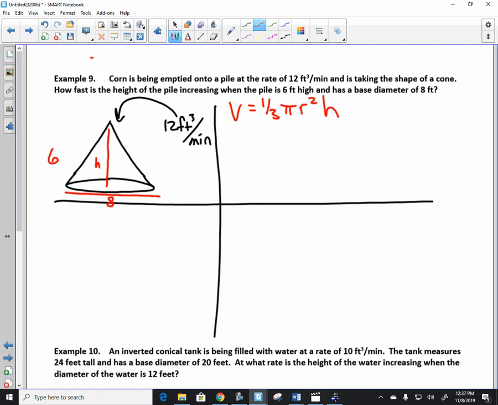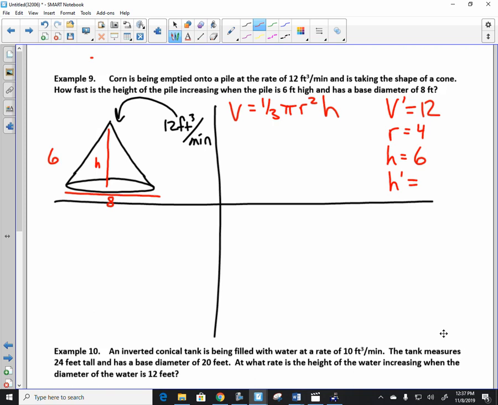Now, let's list what we do know. We do know that the V prime is what? 12. And we do know that the current radius is 4. And we do know that the current height is 6. And what are we trying to find? H prime. This requires you to think ahead a little bit. Let's look ahead in the problem. Right now, if I were to take that derivative, what rule would I have to use? The product rule. And if I use the product rule, true or false, I will come up with an R prime. True.